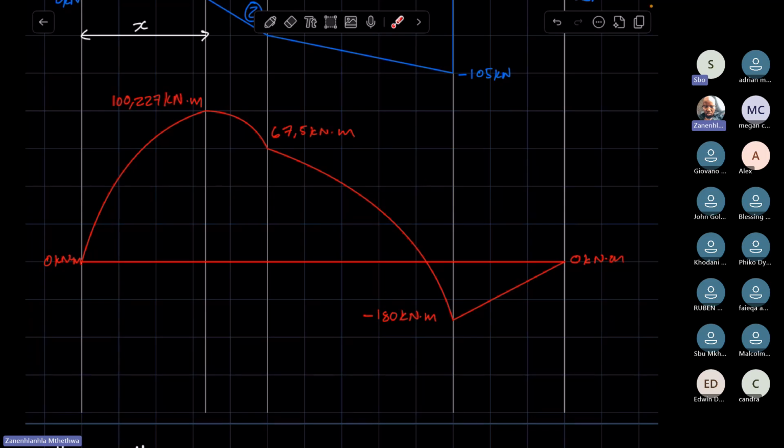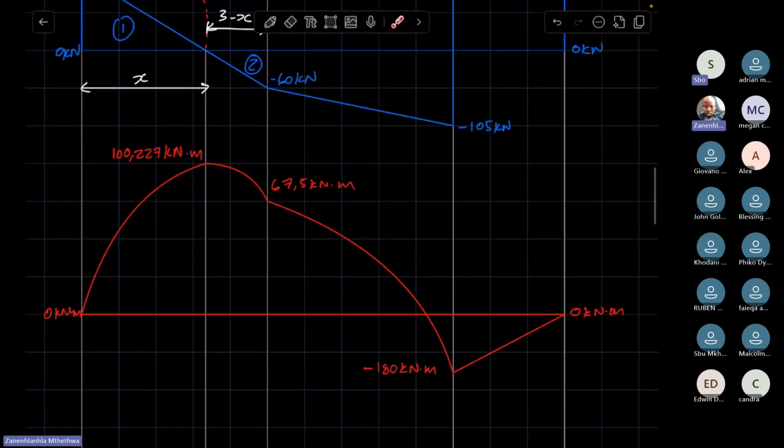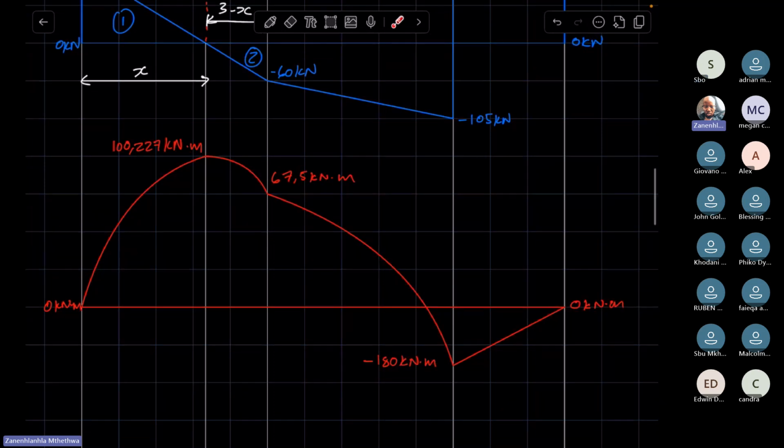Sorry, sir. On the question, we were asked to calculate the bending moments at B and C. Then as we proceeded, we saw that there is a necessity for us to calculate the bending moment for point X. Is it required for us to show the calculations of the bending moment of X, or can you just do it on a rough piece of paper on the side, so the value of X you can then draw?